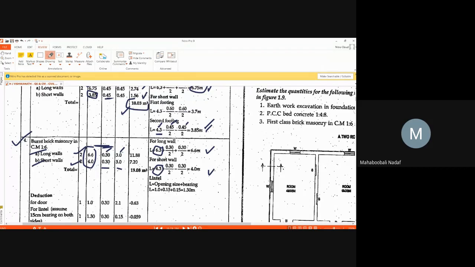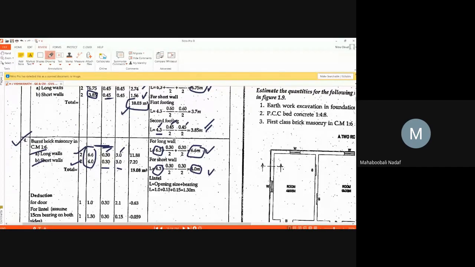So wherever b is there, 0.3 by 2, 0.3 by 2, and minus also 0.3 by 2, 0.3 by 2. When you solve this, you'll get 6.3 plus 0.3 by 2, 0.3 by 2, which is 6.6. For this one, 4.3 minus 0.3 by 2 minus 0.3 by 2, you'll get 4.